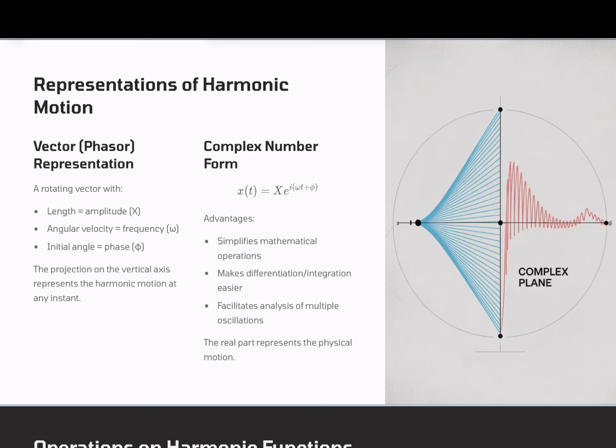Okay, then we have the complex number form. We can also write the harmonic motion in complex form like this. Okay, what's the advantage of it? It simplifies the mathematical operations. It makes differentiation and integration much easier, and it also helps us analyze systems with multiple oscillations more efficiently.